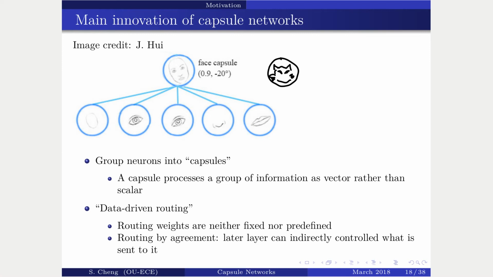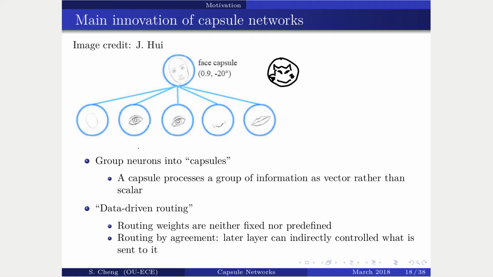Let's say this is the left eye and right eye detected with this orientation here. So the child capsule, for example here, detects eyes, which is basically like the face with this minus 20 degree orientation.